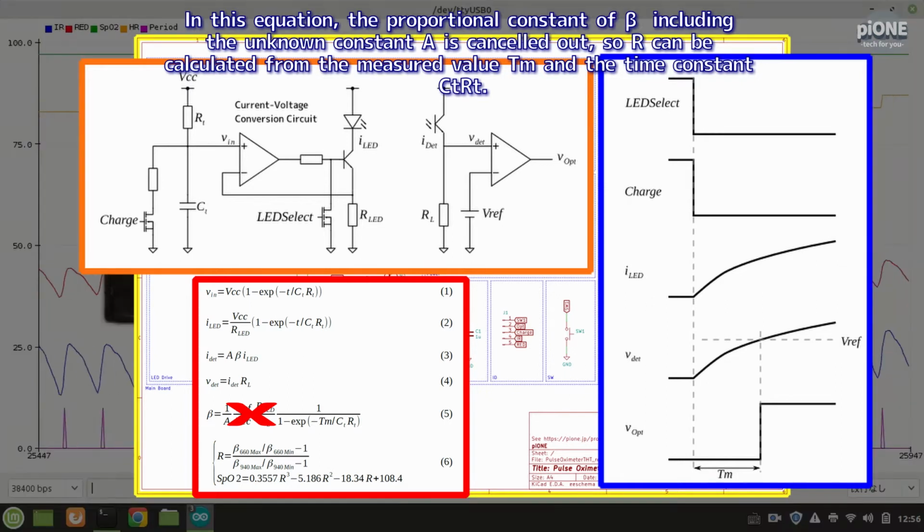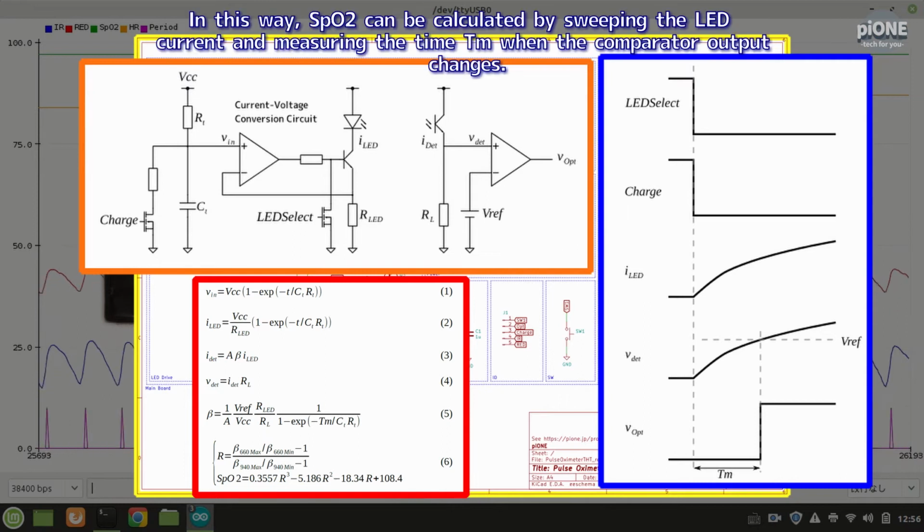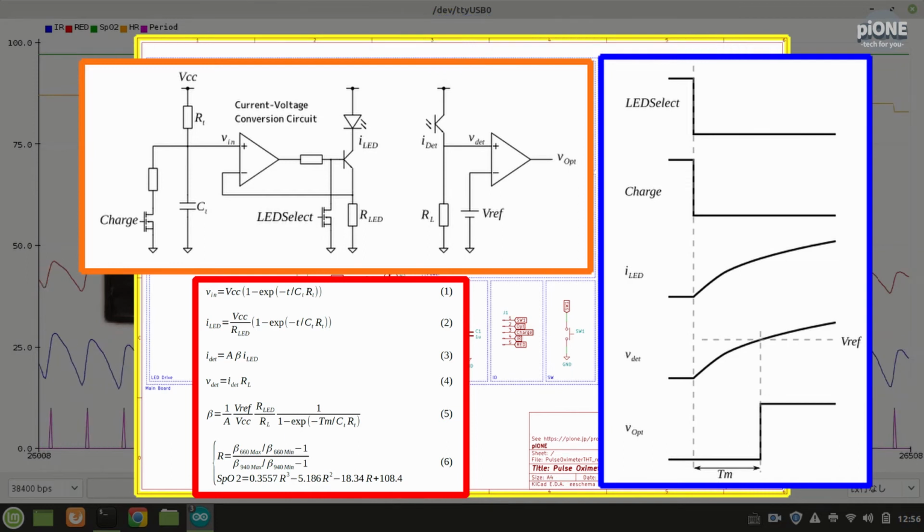In this equation, the proportional constant of beta including the unknown constant A is cancelled out, so R can be calculated from the measured value Tm and the time constant CTRT. In this way, SpO2 can be calculated by sweeping the LED current and measuring the time Tm when the comparator output changes. Go back to the actual circuit.